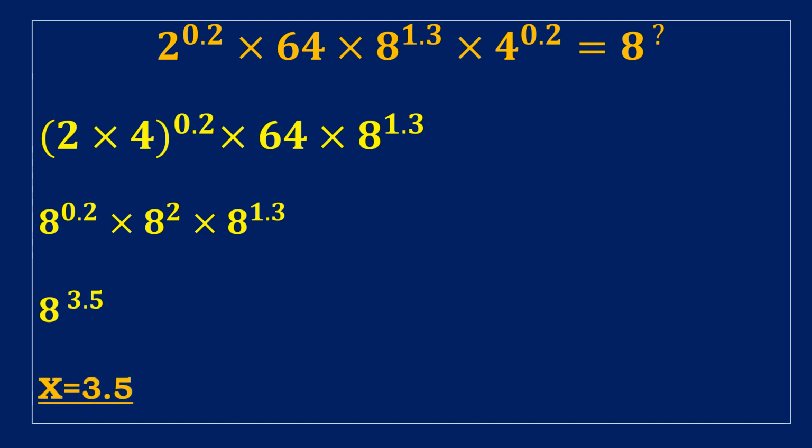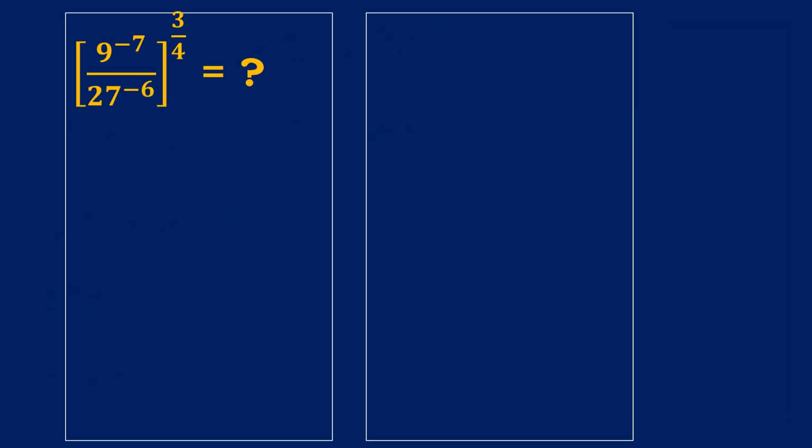Let's look at another important example to understand the power concept. Solve 9 power minus 7 divided by 27 power minus 6 whole power 3 by 4. We know that a power minus m equals 1 divided by a power m.